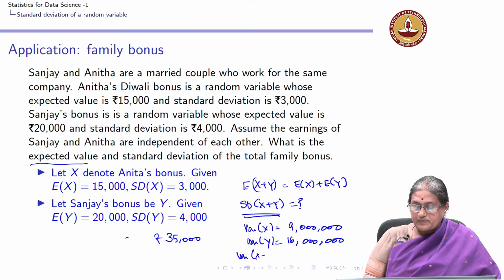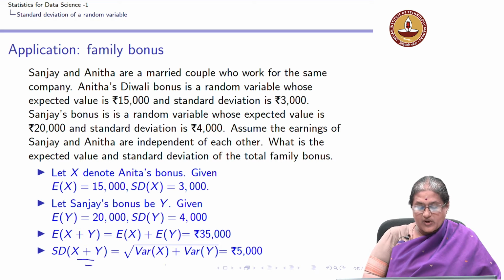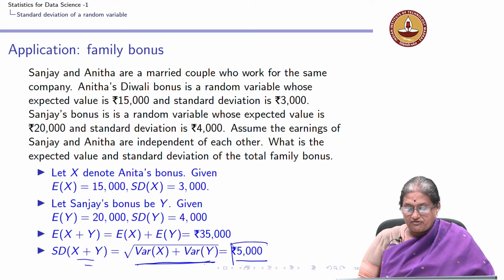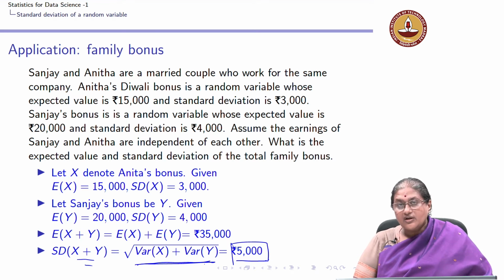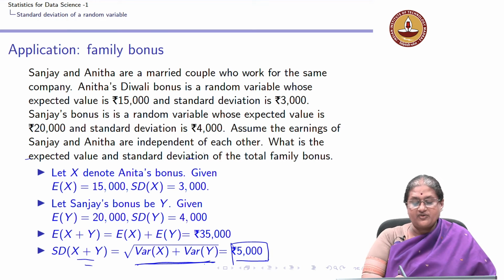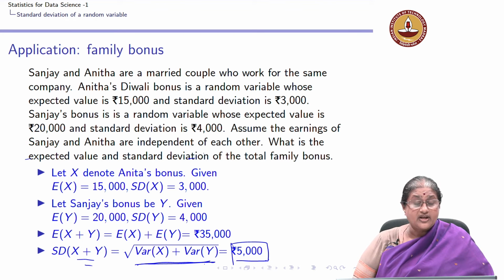Variance of x plus y is 25, which will give me the standard deviation of x plus y as square root of variance of x plus variance of y, which is about 5,000 rupees. Hence, I have computed the expected value and standard deviation of the total family income.